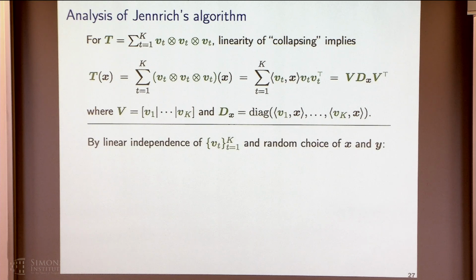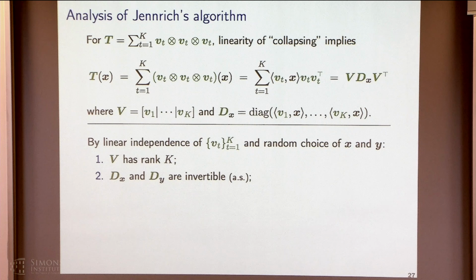And based on these assumptions that we made about the tensor and the way we've chosen the vectors x and y, a number of consequences follow. So first of all, this matrix has rank k because we're assuming that the vectors are linearly independent. Secondly, these two diagonal matrices, D_x and D_y, are going to be invertible with probability 1. We chose these vectors uniformly at random from the unit sphere.